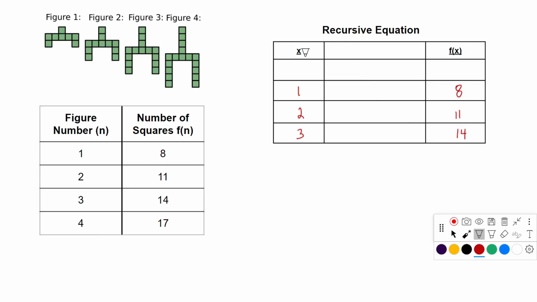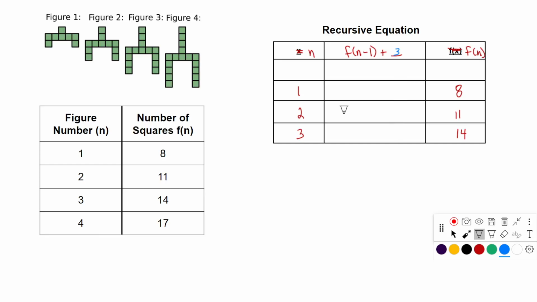Our recursive equation, because I'm using n and f of n, I'm going to adjust my table here to represent the same. For our recursive equation, we're going to need to have a notation for previous, f of n minus 1, and plus some value. Well, we know what that value is. We know that that value is 3.